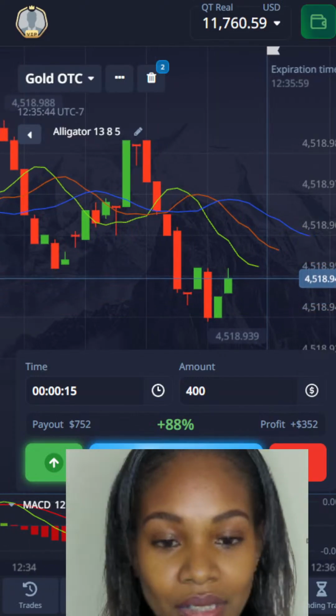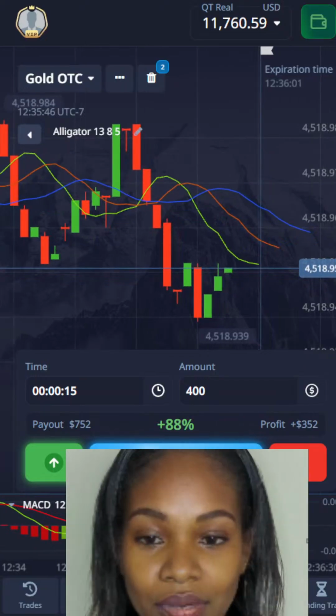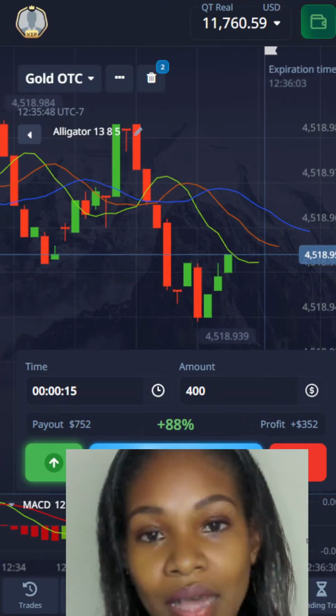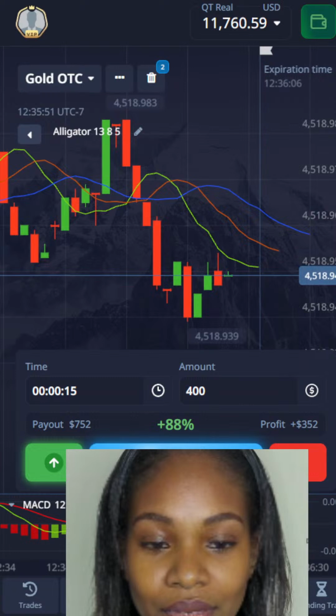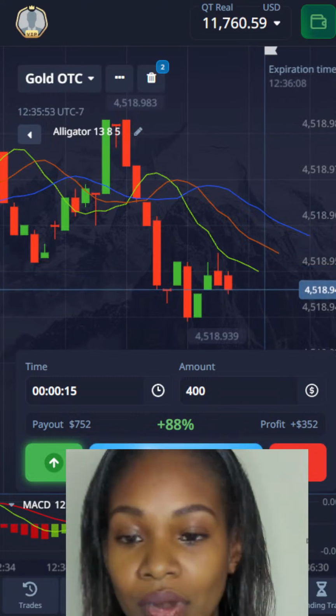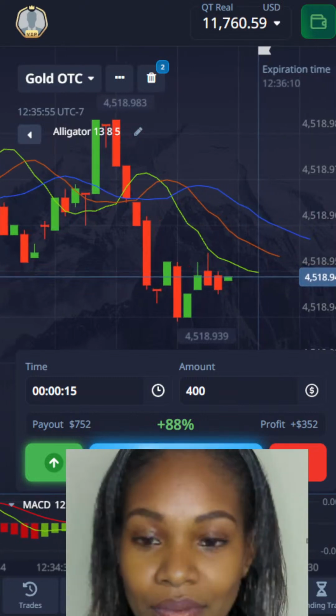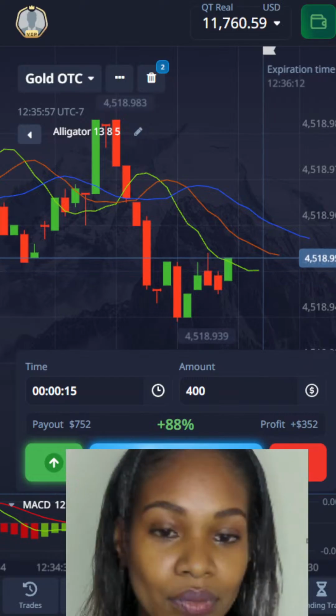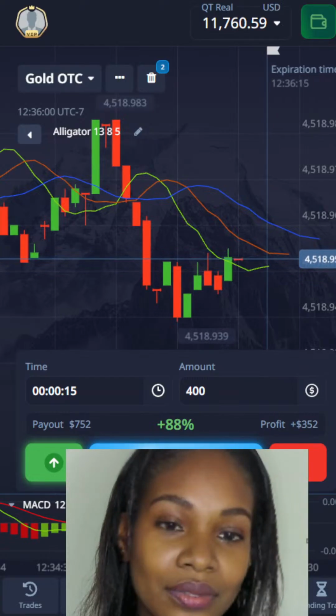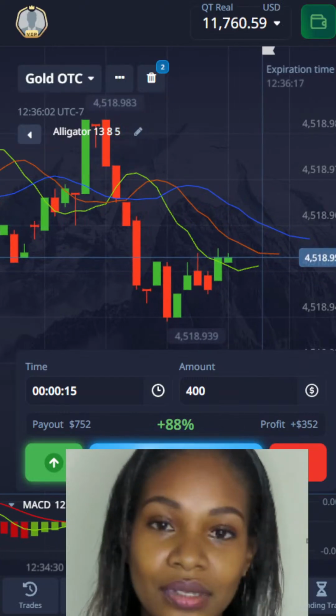Then we also have the candlestick patterns: how we look at these candles, how they behave, and how we can navigate around them. At the end of the day, when we are looking at the market structure, it's these different candles that are forming the higher highs and the higher lows.